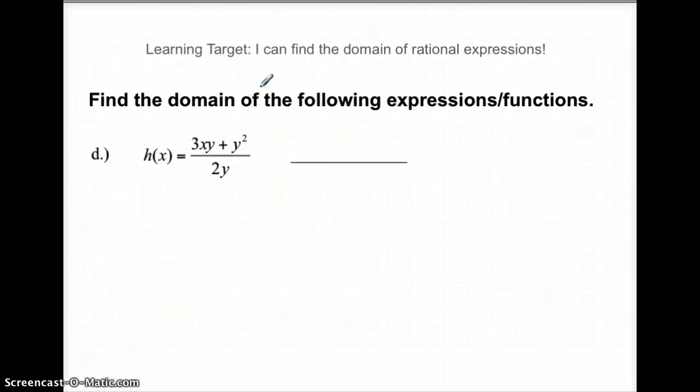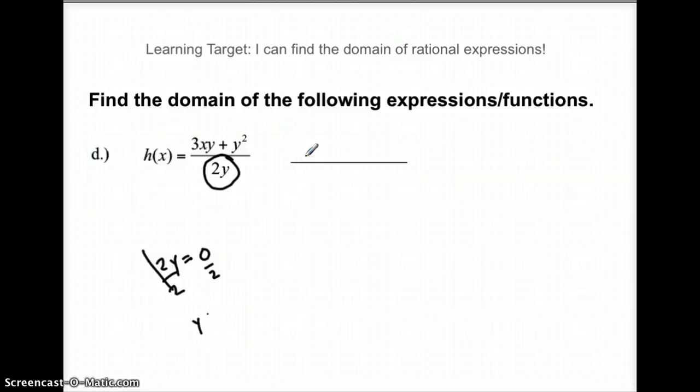Now, here's a fun one. Again, just worry about the denominator, don't worry about the top. What could I plug into that would make that 0? So 2 times y. What would make that equal 0? Well, if you think about it, 2 times what number would make that equal 0? You could divide by 2 if you needed to see the solving, and 0 divided by 2 would make y equal 0.